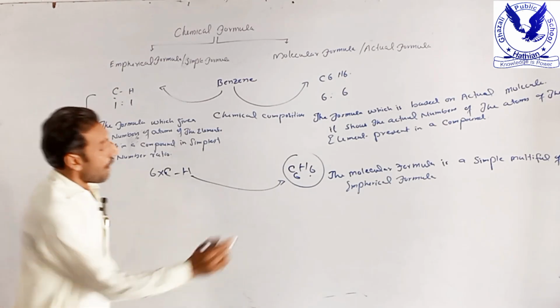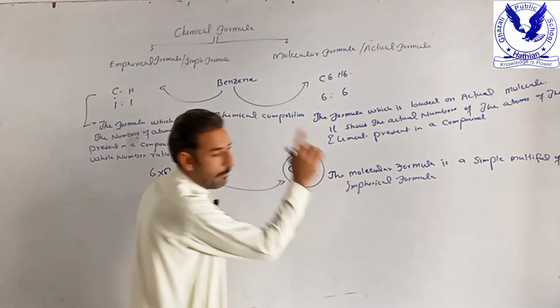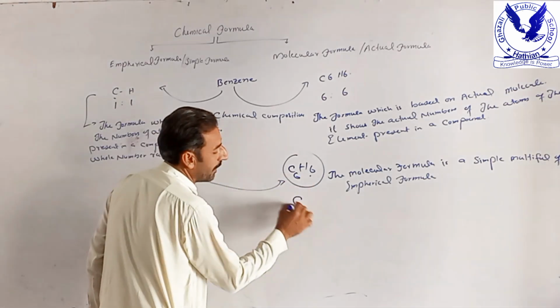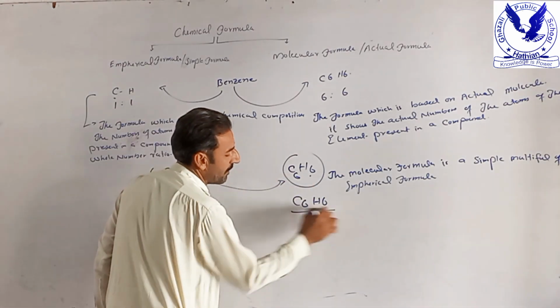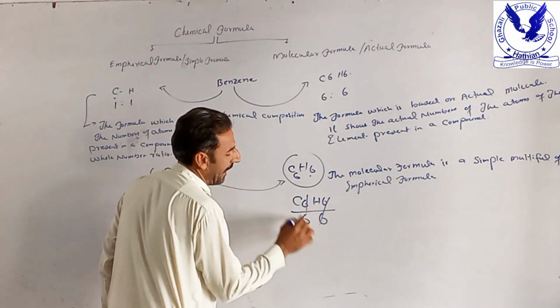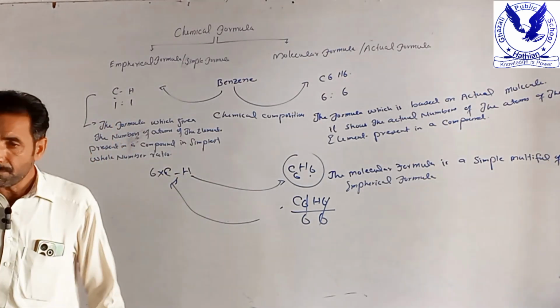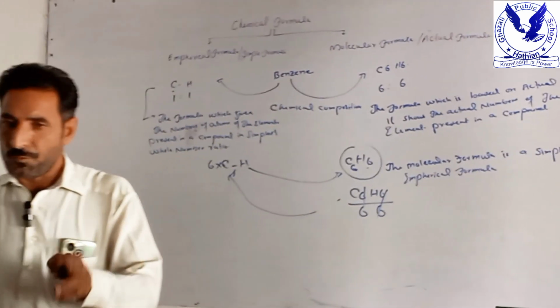Now, if we divide C6H6 by 6, we can get the empirical formula of this compound. That is the exact relationship between the two formulas.